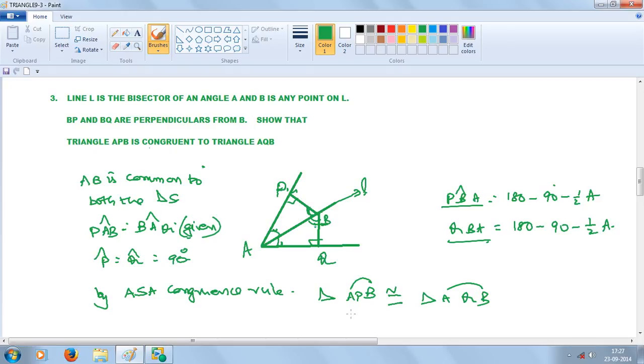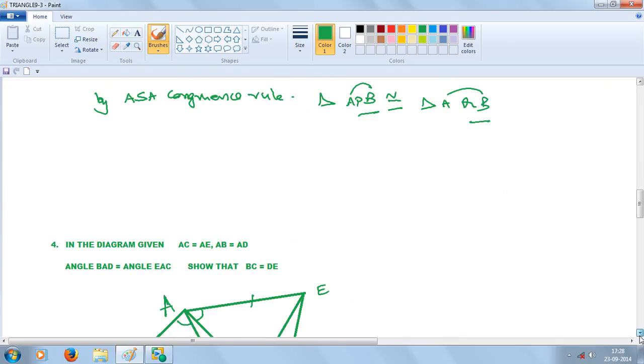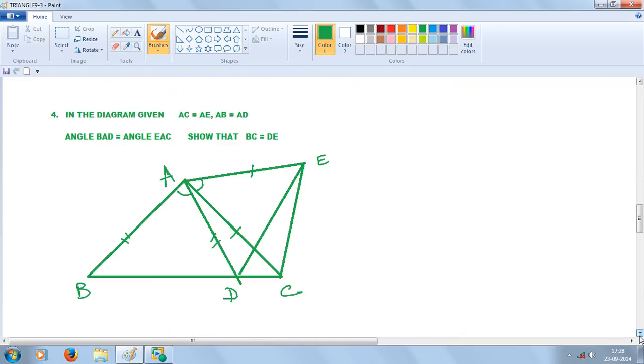AB is common, and also PB is equal to QB, and AQ is equal to AB. We can now observe in this problem that the same order is maintained. So we'll move to the next problem.